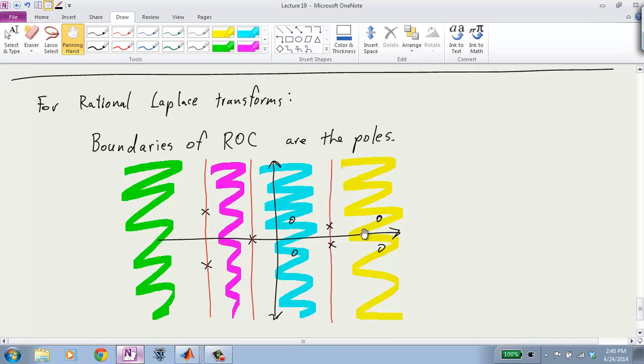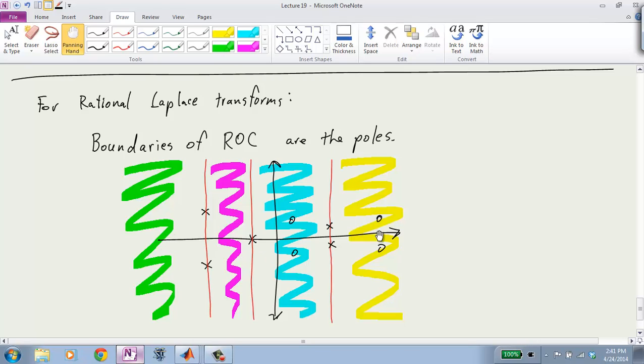I'm just looking at the real values of s that caused convergence. Therefore, the signal must taper this way. It must grow to the left, and that's why we needed negative values of sigma to get it to converge.